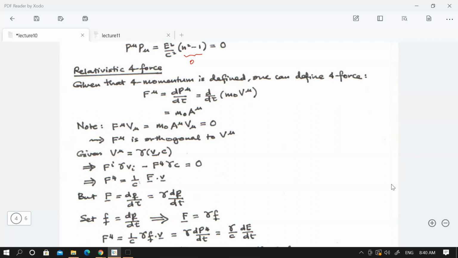Again, just like v mu, we have defined your four velocity as, I can't remember now, dx mu d tau, where tau is your proper time.